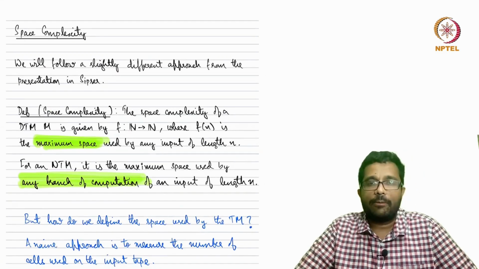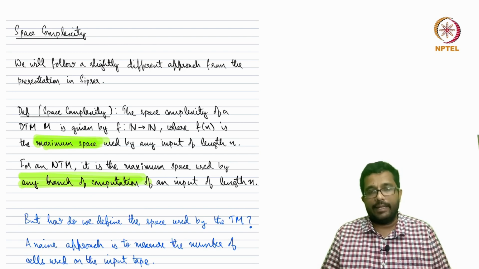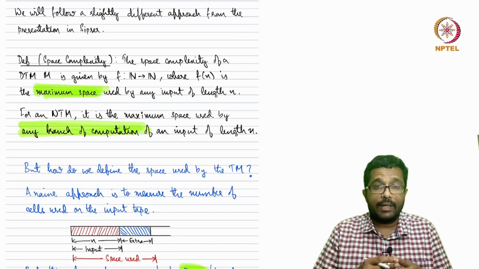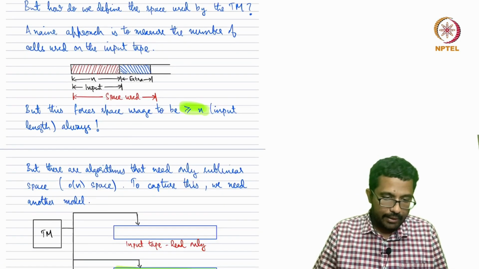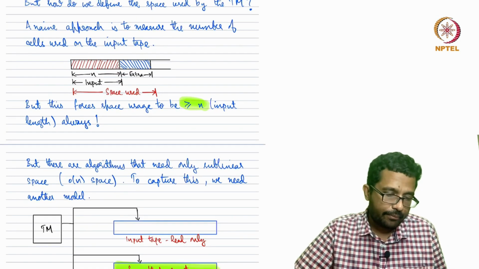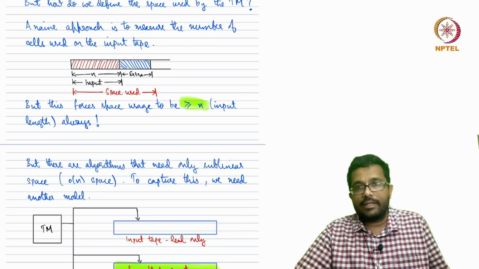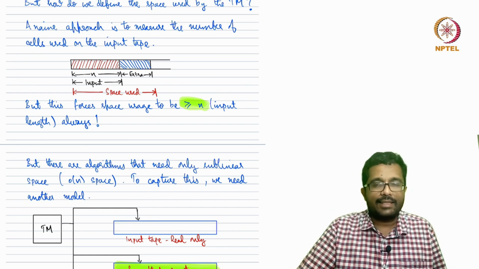So we introduced space complexity, which is the maximum space taken by an input of any length, and in the case of a non-deterministic Turing machine, it's the maximum space used by any branch of computation on any input of the same length. And then we said that the standard Turing machine model may not be good for measuring the space because it forces the space requirement to be always at least n.